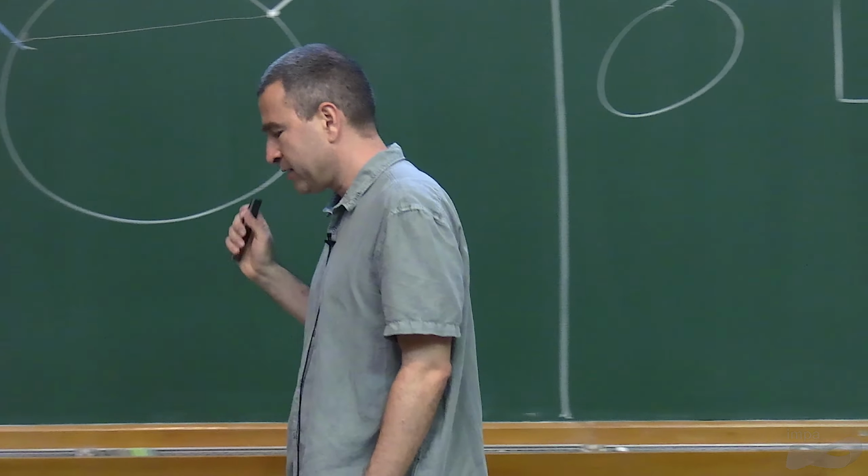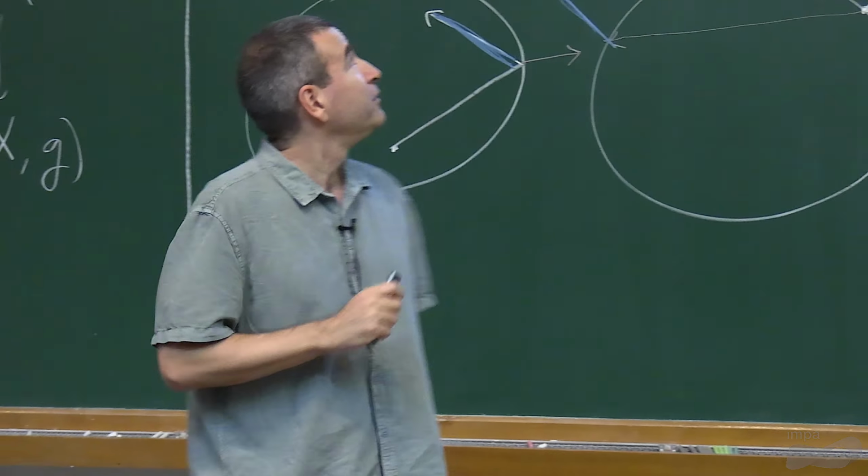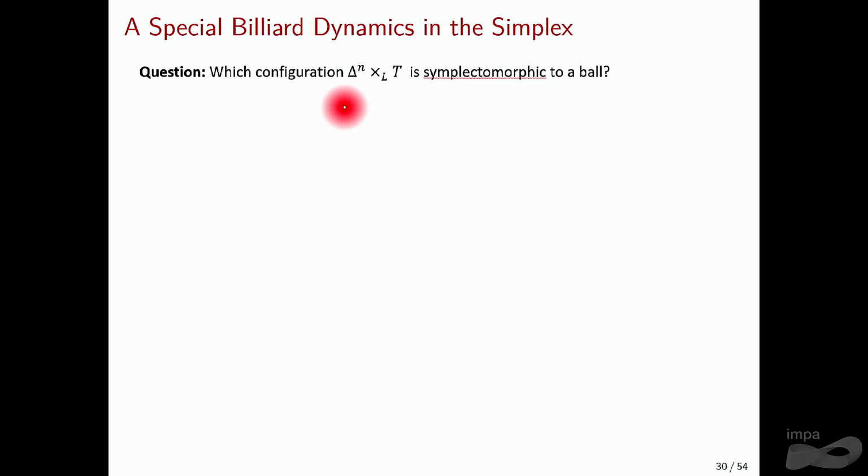Let's take Lagrangian product configurations. And moreover, we are going to assume that one of them is just the simplex. So it's a very special case. And then the other one is any convex domain. And we ask, what about this particular configuration? It's a sub-question of the original one.